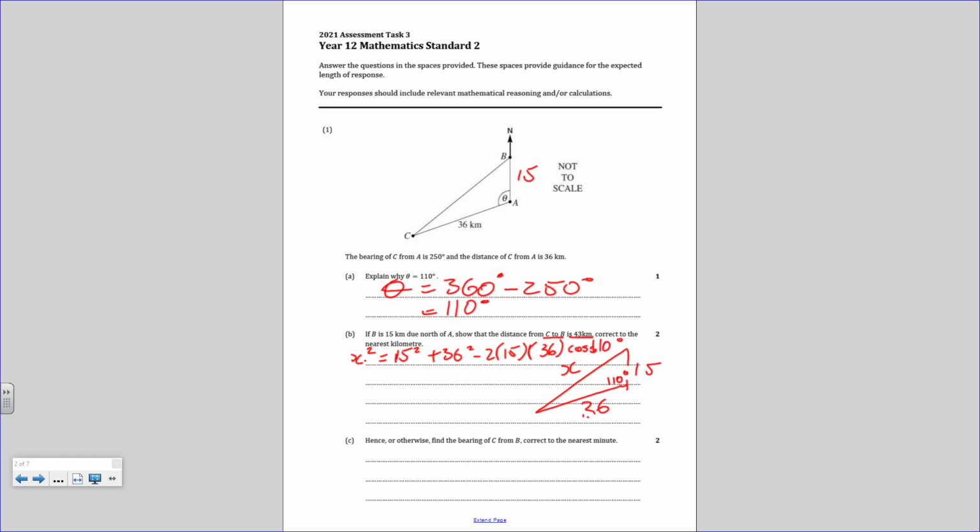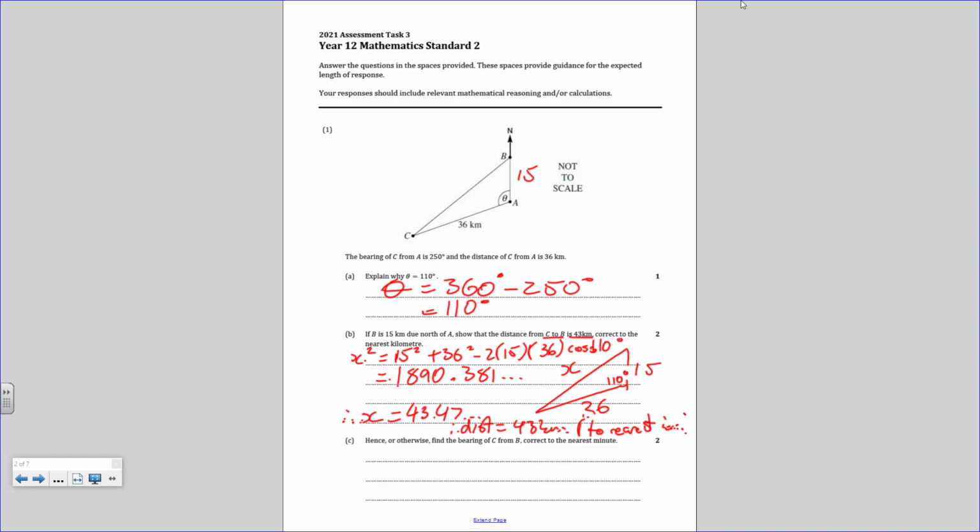When you put that into your calculator, you'll get 1,890.381... and that's x squared. So to find x, we just take the square root. x equals 43.47..., so therefore the distance is 43 kilometers to the nearest kilometer.